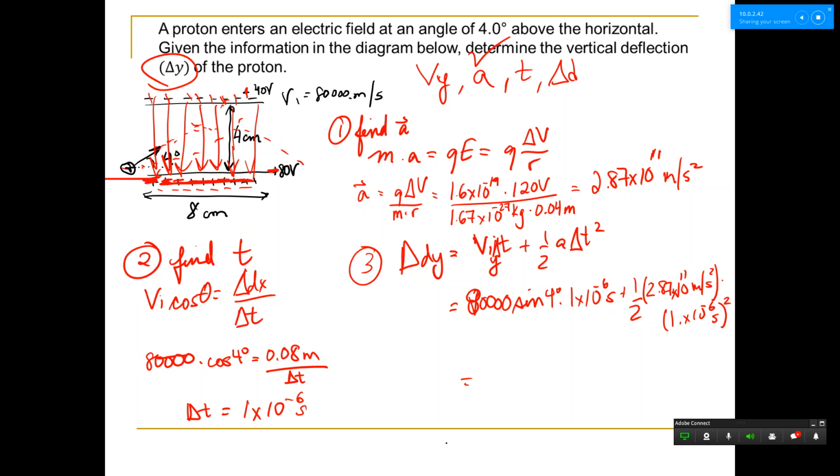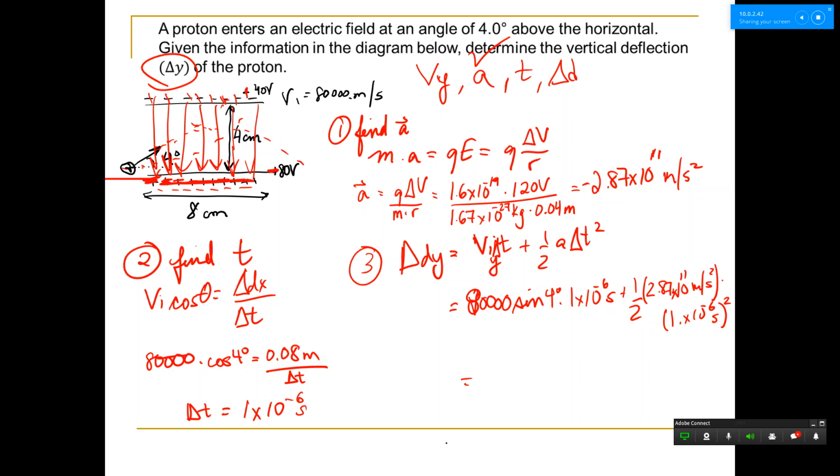Yeah, Felix? Oh, yes, the acceleration should be negative. Felix has a great point. Acceleration should absolutely be negative. You know that because it's going downwards. Simple as that. It shouldn't change much.